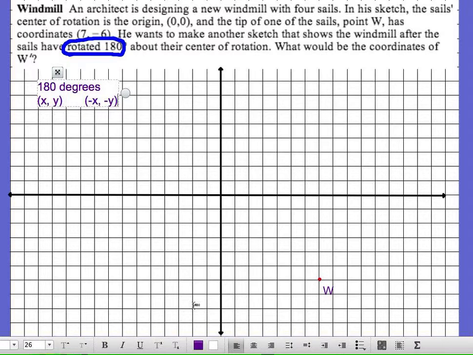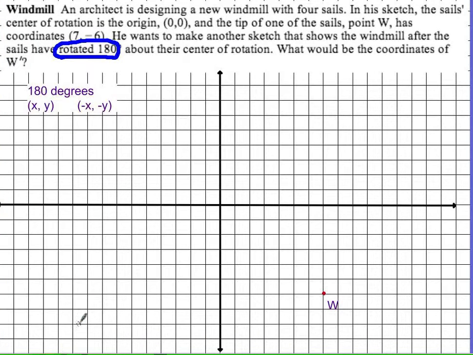So if it's 7, -6, that means now that the new point is at -7, +6. Right here.